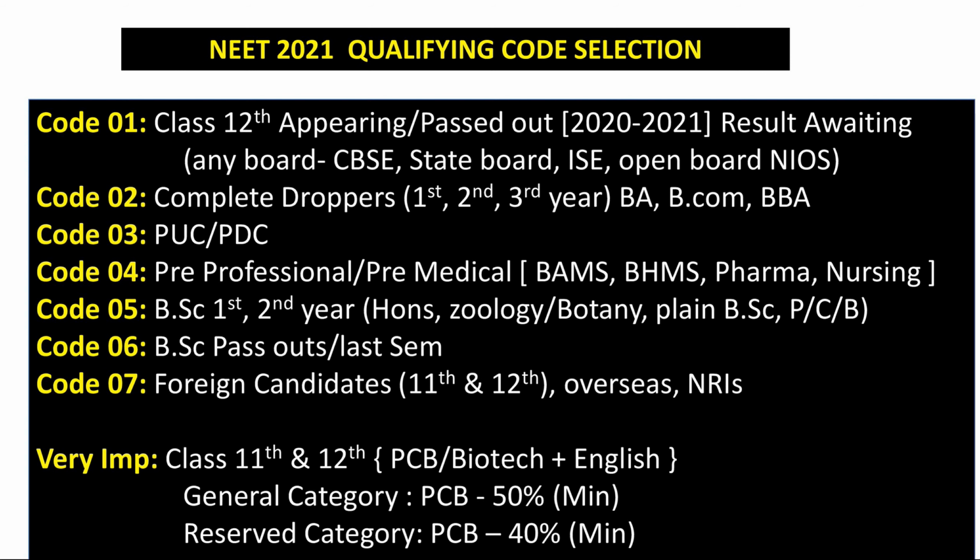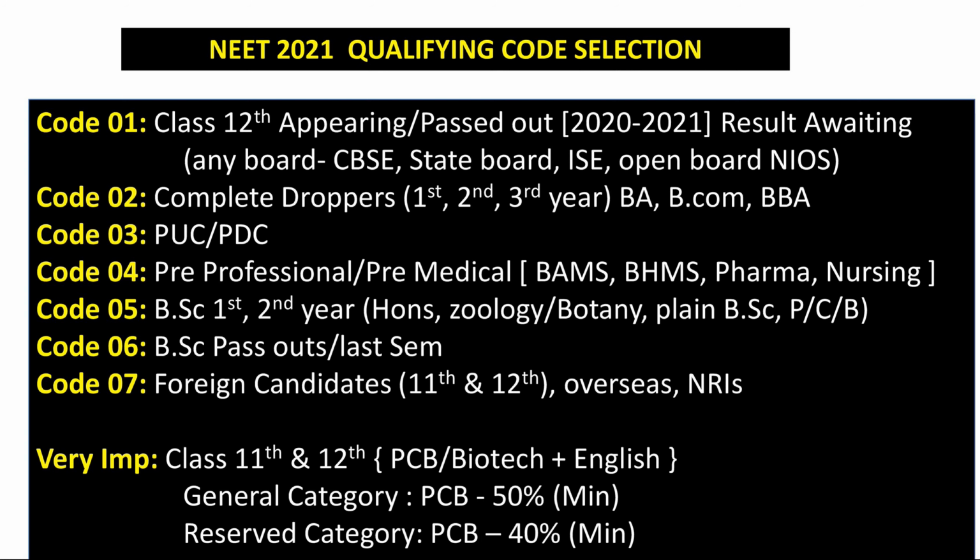Let's move on to code 02, and this code is for complete droppers. By complete droppers, we mean the 12th students who have passed out and who are doing their NEET preparation, maybe at any coaching institution or even by self-study.